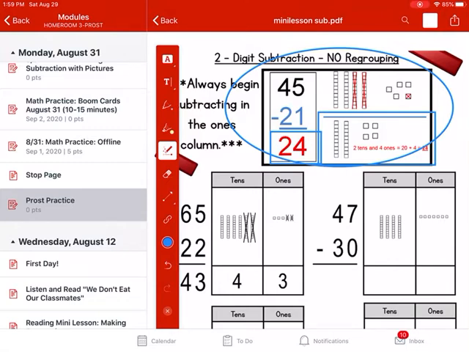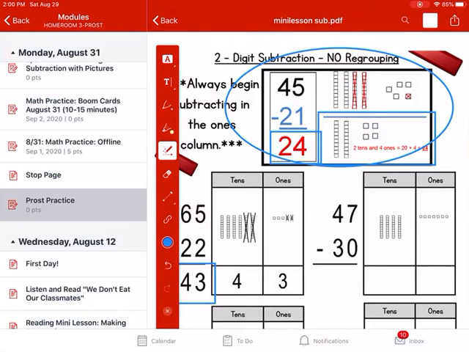So we're subtracting 22. And we'll start with the ones, and they have already crossed out 2 of the ones for us, and they've crossed out 2 tens. What they are left with is 3 ones and 4 tens. So 65 minus 22 equals 43.